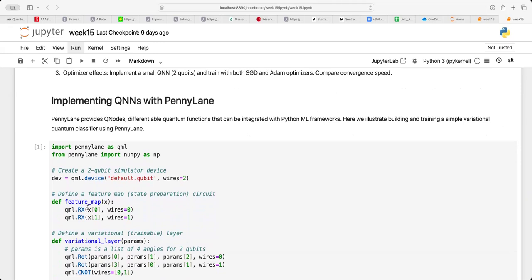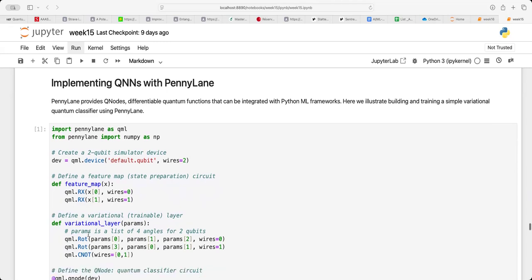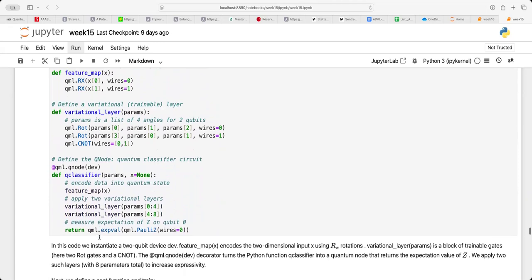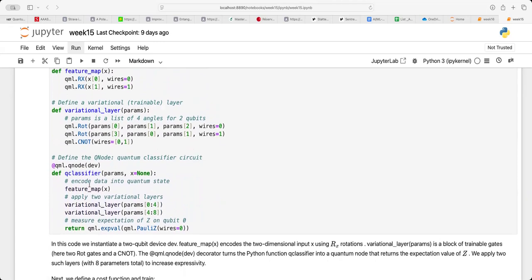And in this specific case, you would now define your device with 2 qubits, and then you have a feature map where you encode the data, and so you perform a rotation on one of them and a rotation on the next of them. And then by these rotations, you can also set up a parameterized quantum circuit where you also have a CNOT gate. And when you have that, you can then afterwards set up your classifier.